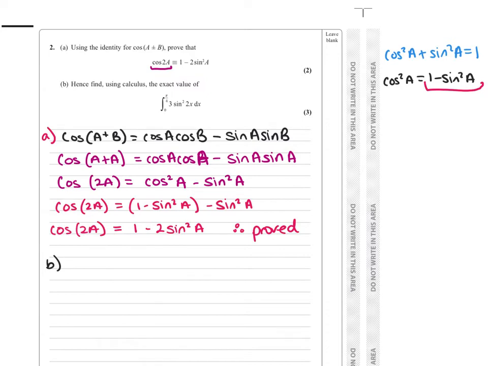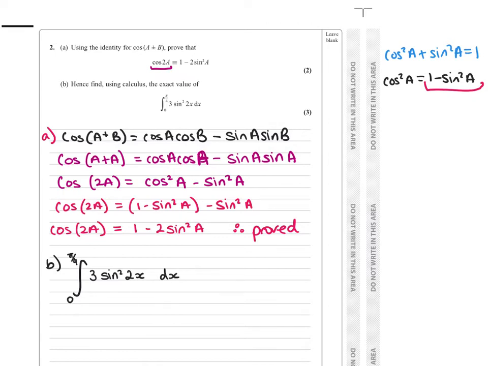Hence, okay, if something says hence, that means use what we've just figured out in a nice way, or use something that we've just used. Hence, find, using calculus, the exact value of the integral between pi over 4 and 0 of 3 lots of sine squared x with respect to x.